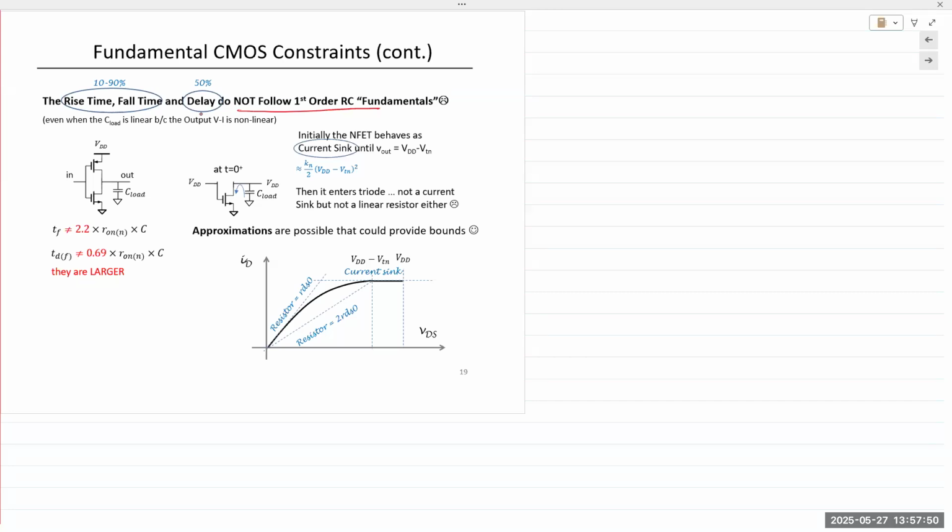All right. When it switches between 0 to 1, goes from low to high, that is known as a rise. When it goes from 1 to 0, it is known as a fall. And so the time that it requires to switch between these states is known as the rise time and the fall time. And the delay in reaching the output is the propagation delay.